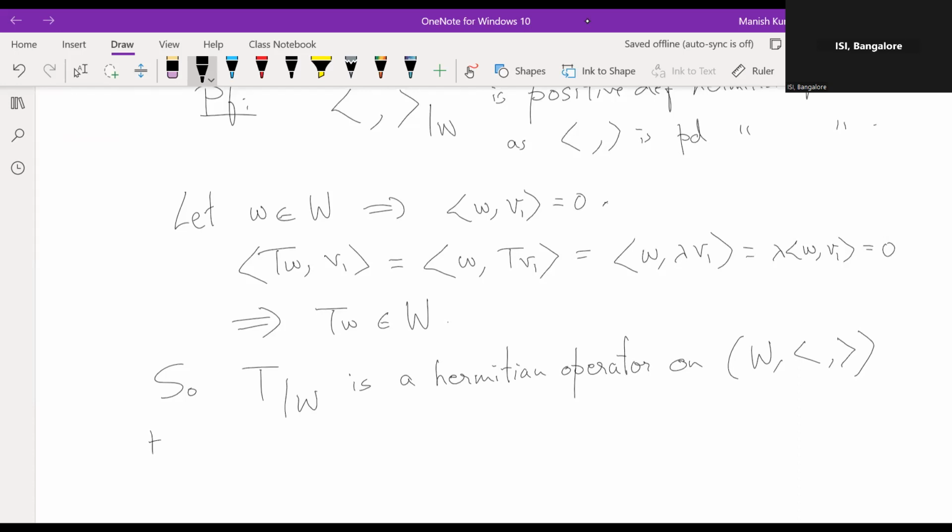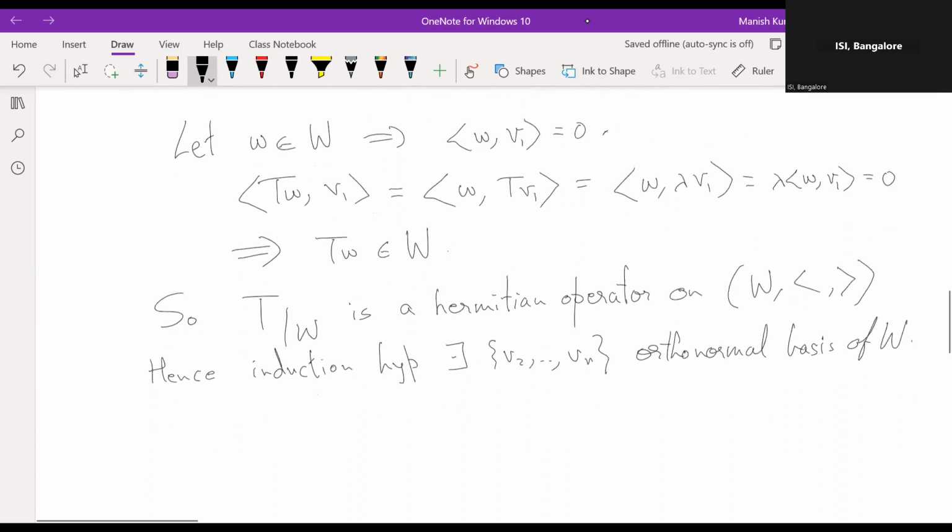Hence, by the induction hypothesis, there exist v2 to vn, n minus 1 vectors forming an orthonormal basis of W. So they are orthogonal to each other and all their lengths are 1.